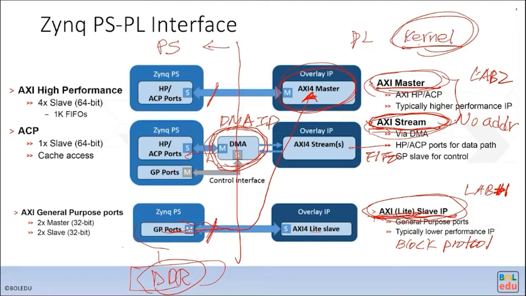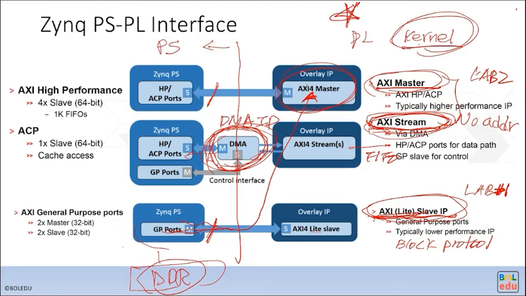For volume data transfer, you use the DMA, either with the AXI master or with the AXI stream. For AXI stream, you need to use the DMA IP, which provides the address for you. So this page is very important, and we also demonstrate everything in Lab2.